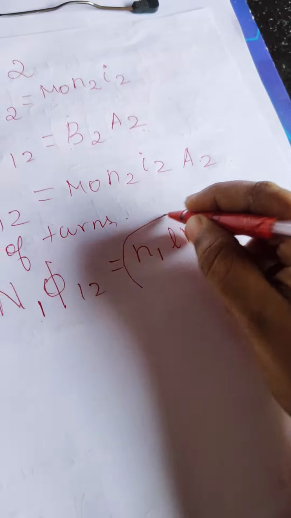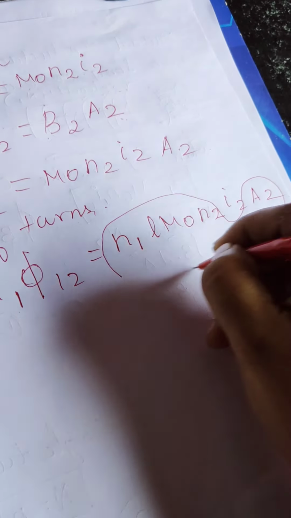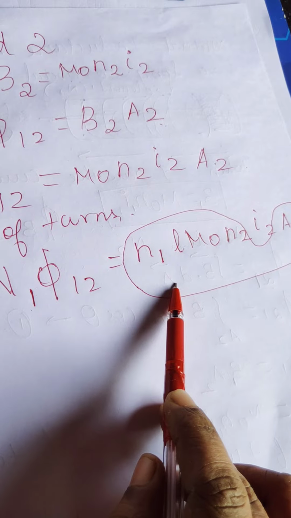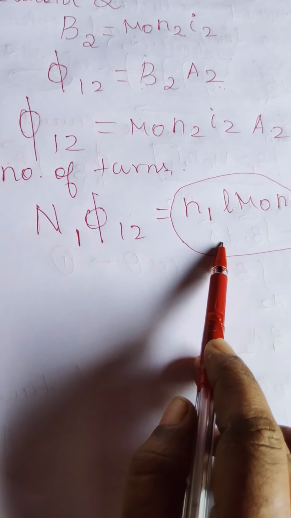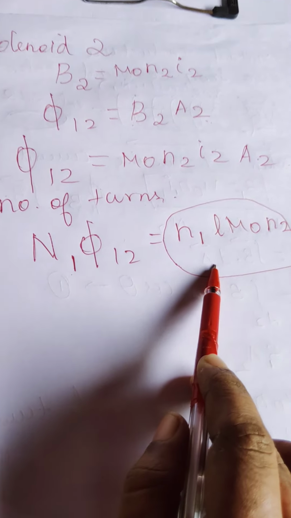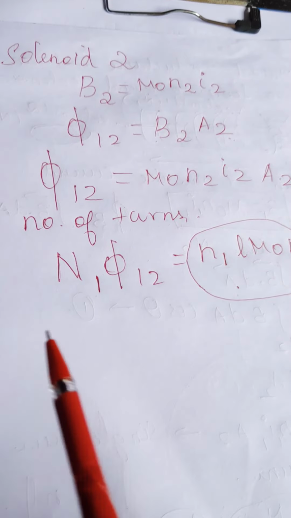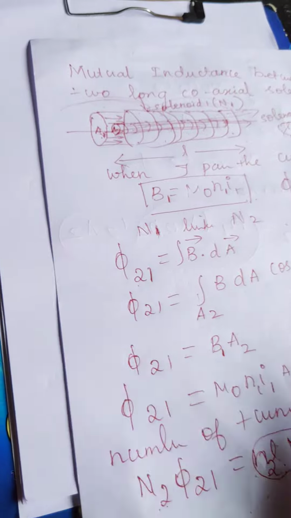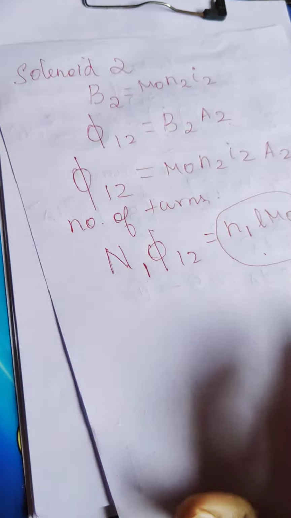So this is the mutual induction produced in area 1, which means the first solenoid, due to the second solenoid 2. So this and this will be equal.